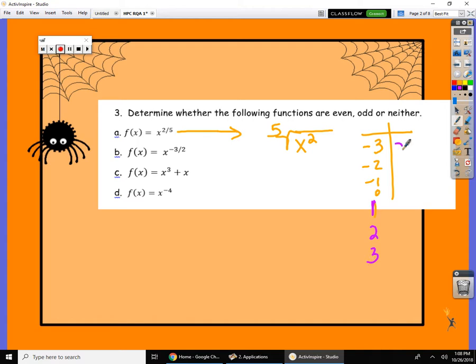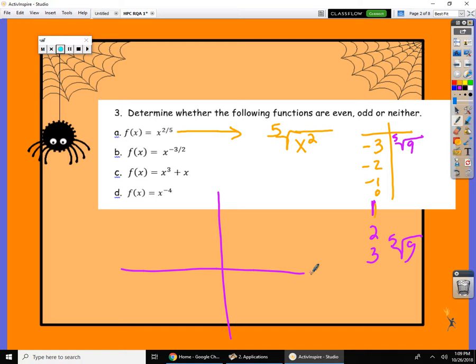So this is going to be the fifth root of 9. But this is also going to be the fifth root of 9. What's negative 3 squared? 9. What's 3 squared? 9. Okay? It's going to be some sort of teeny number.